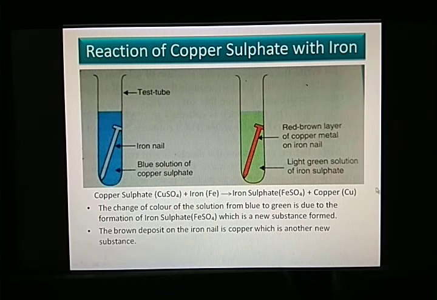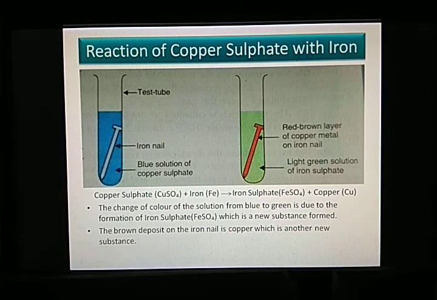Clear? So I hope you have understood these two reactions very well: the reaction of magnesium ribbon and the formation of different compounds from it, as well as the reaction of copper sulfate with iron.